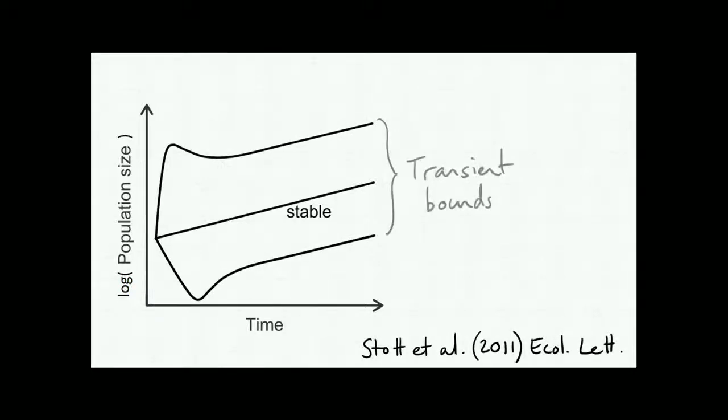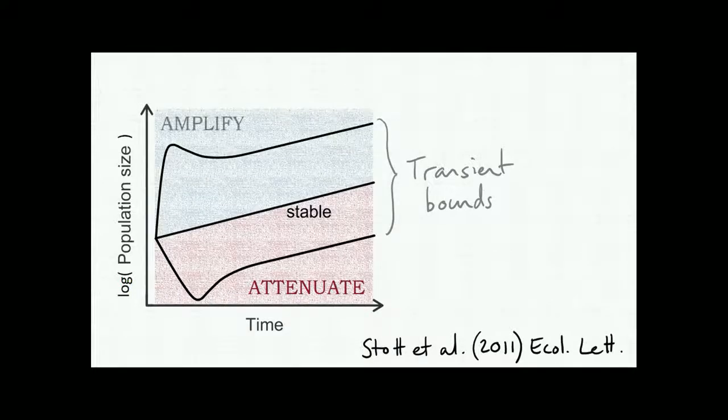We can put bounds on these transient dynamics. So we can say transient dynamics are not going to be larger than these fluctuations away from stable growth. It tells you about population attenuation and population amplification. Following a disturbance, populations can attenuate, become smaller than if they were stable, or they can amplify, become larger than if they were stable.